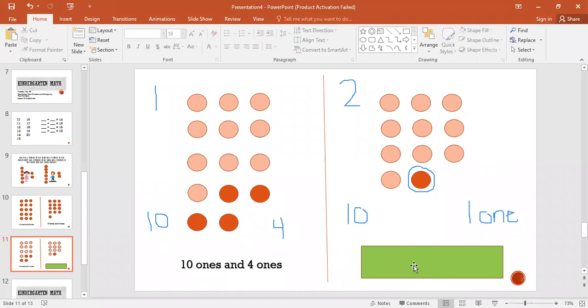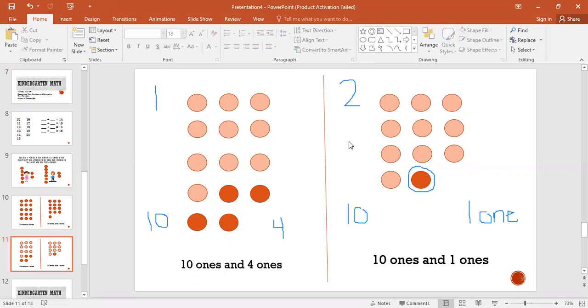So now I need to figure out which part has more. All right, shout out the number. Does part 1 have more or does part 2 have more? Good job. Part 1 has more because I am looking at my second part, 4 and 1. Is 4 greater than 1?